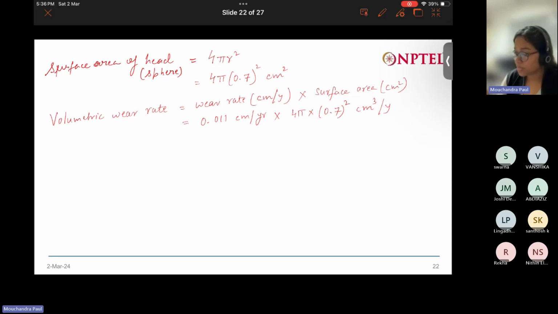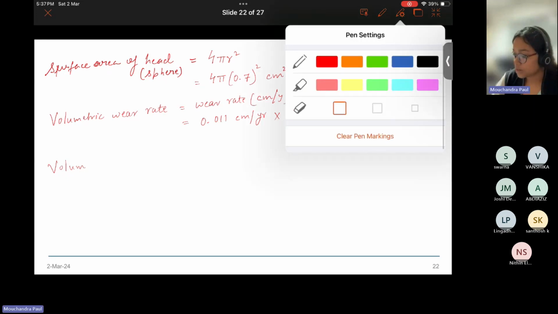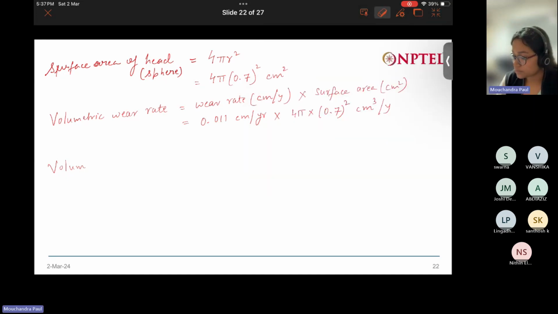Now you have to calculate the number of ions. So the number of cobalt ions released per year.